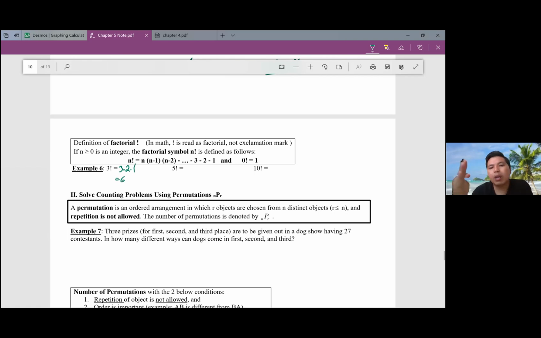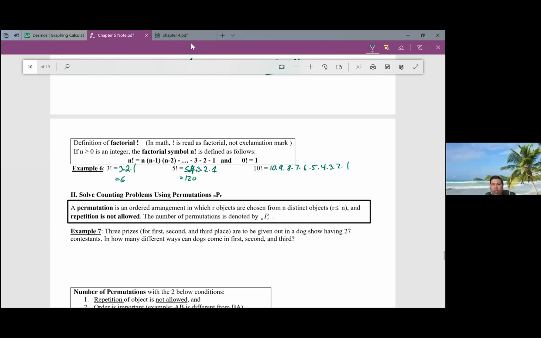How many ways can I arrange 3 people for a photograph? 5 factorial will be 5 times 4 times 3 times 2 times 1, so we got 120. 10 factorial, there's no difference: 10 times 9 times 8 times 7 times 6 times 5 times 4 times 3 times 2 times 1.